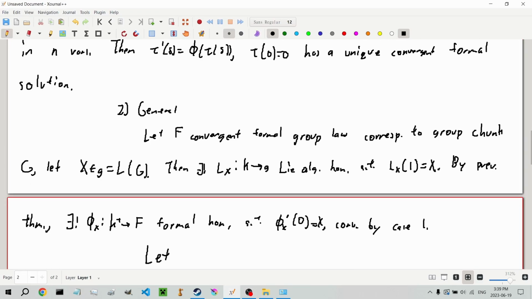Now we're going to let each 𝔤_i be L of our G_i and a τ be L of our τ_F, of course, being a function from our first algebra to our second.